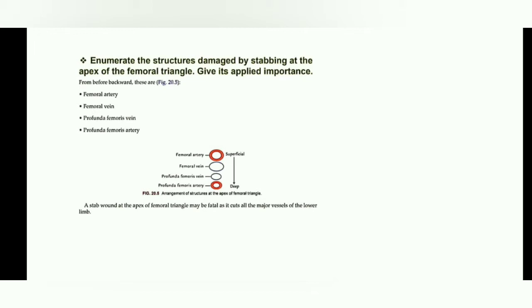So if the femoral triangle is getting stabbed, the first to be hit will be the femoral artery, next the femoral vein, next the profunda femoris vein, and the deepest is the profunda femoris artery. A stab wound at the apex of the femoral triangle may be fatal as it cuts all the major vessels of the lower limb.